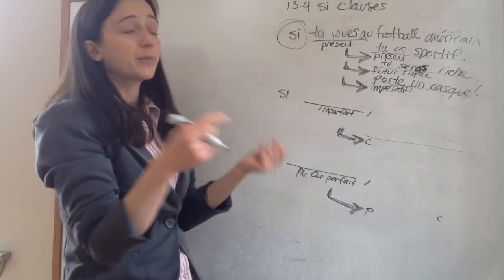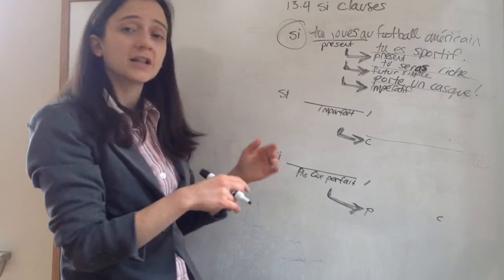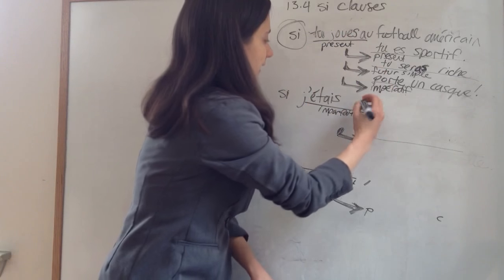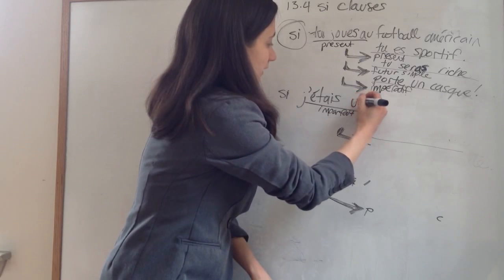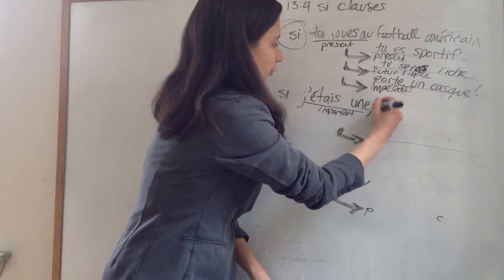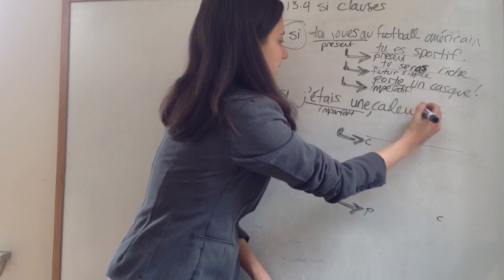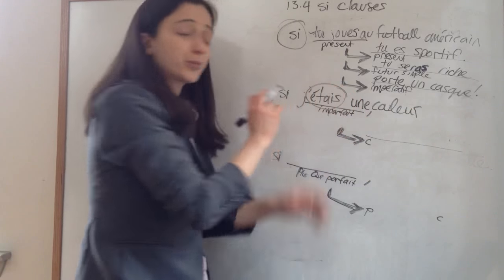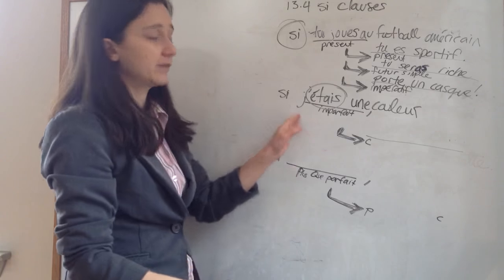Okay. That brings us to our other condition that we had mentioned in 13.3, si plus the imparfait. Si j'étais, and this is the most popular one to help you remember. If I was une couleur, if I was a color. So we have the imperfect, the imparfait, if I was.